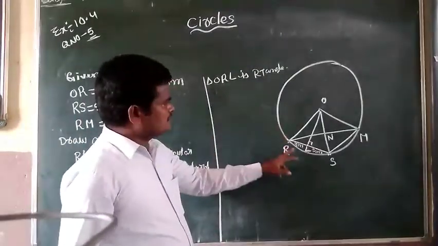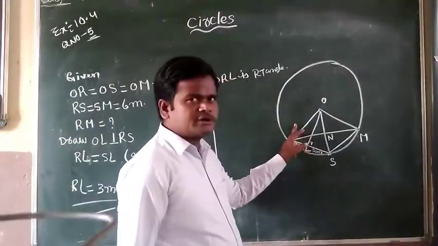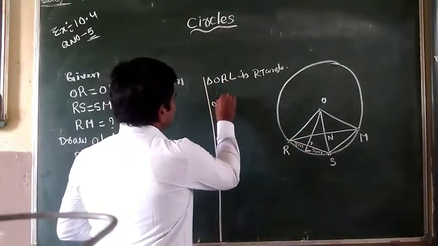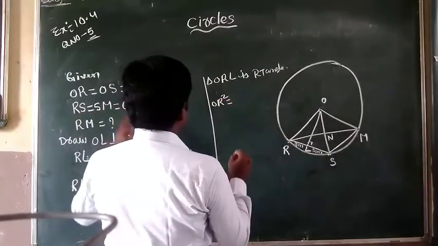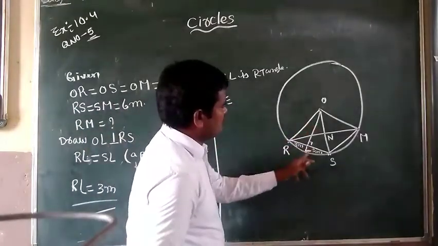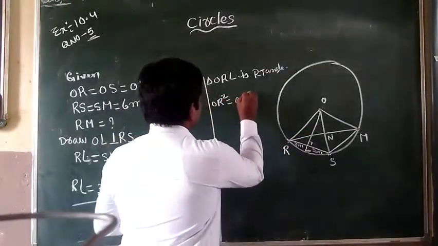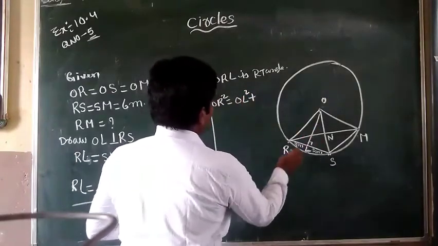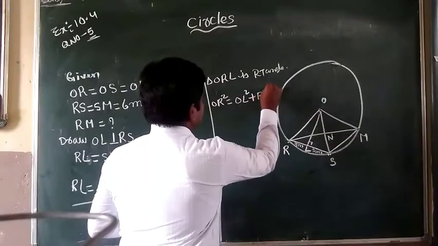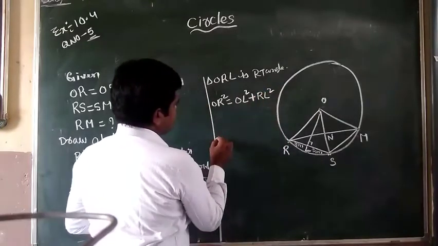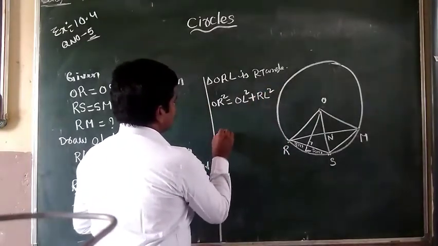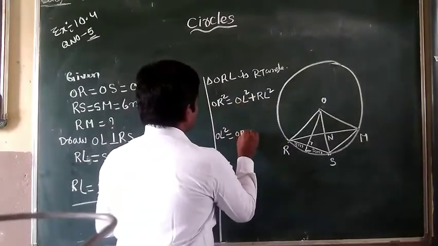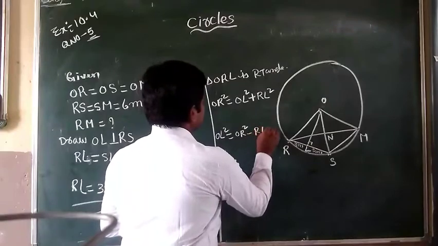This is the right angle, and OR is the hypotenuse. OR square equal to OL square plus RL square. So from this, OL square equal to OR square minus RL square.